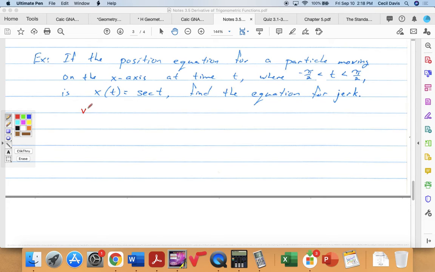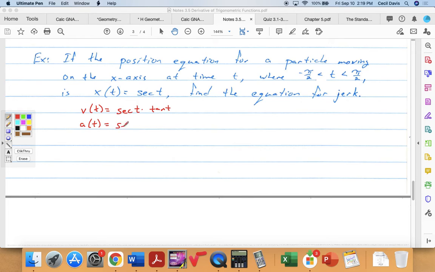So the velocity will be the derivative of secant, which is secant t times tangent of t. And here it starts to get fun. Now I get to take the derivative of that, which means I have to use the product rule.